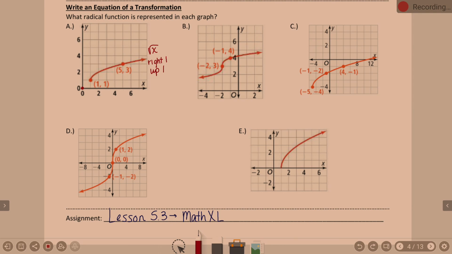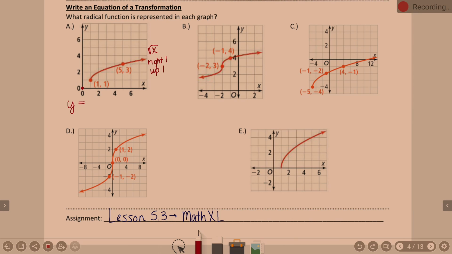The only other thing to check, is it a normal shaped graph? If I count over from my original point, the first point is over 1 up 1. The next point is over 4 up 2. That goes with our original XY chart, right? So no stretch or compression to worry about. Okay, here's what I'm going to write for you. Y equals, or you can put f of x equals if you want. It doesn't matter.